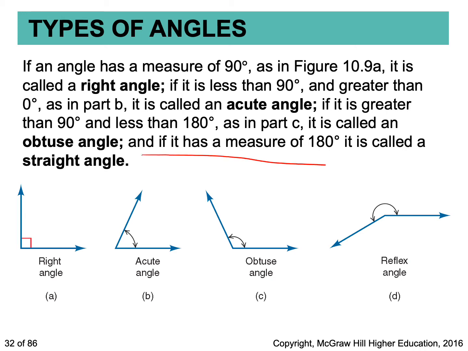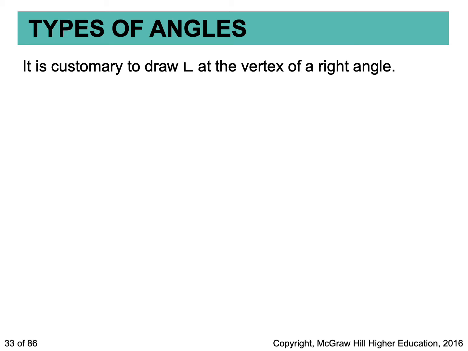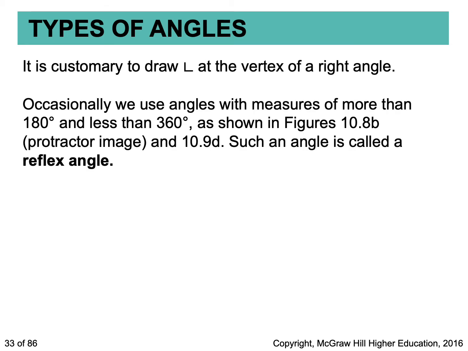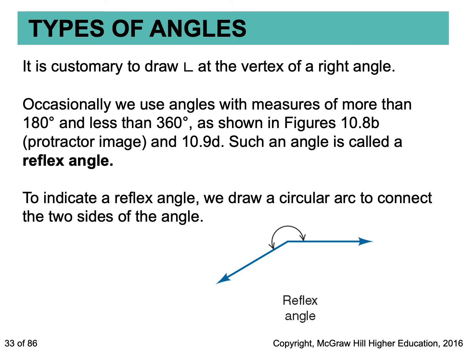And what you don't see on here is a straight line. I don't really know why it's called a straight angle, but if you have a straight line, then that is 180 degrees. That's a straight angle. And that's more about the reflex angle.